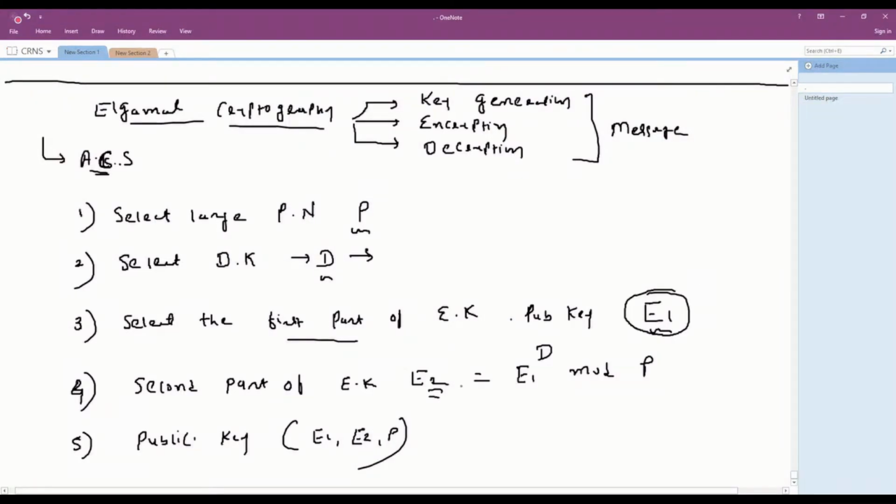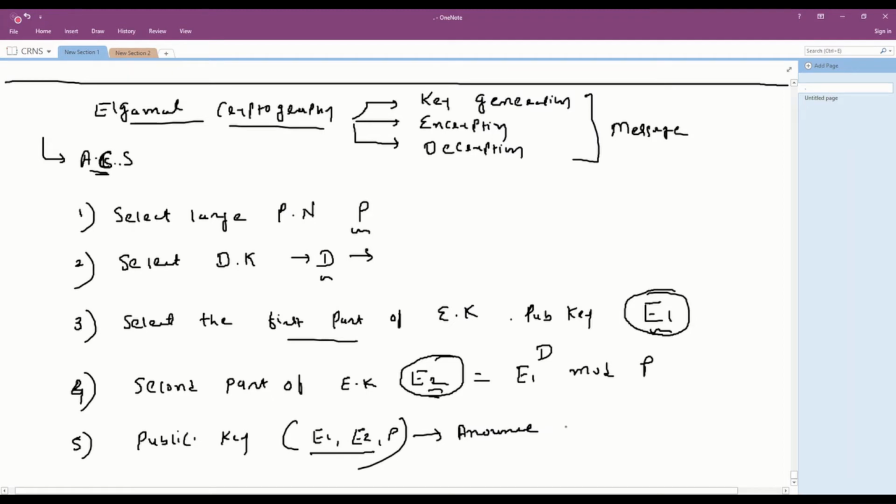The second part of the key is like this, and finally public key is going to be denoted like this in algorithmic crypto system. Okay, that is E1, E2 and P. Okay, any doubt in this? First three steps you just need to select the numbers, and fourth and fifth we just need to calculate the thing. E2 we need to calculate, right? And this public key I am going to announce to the channel.